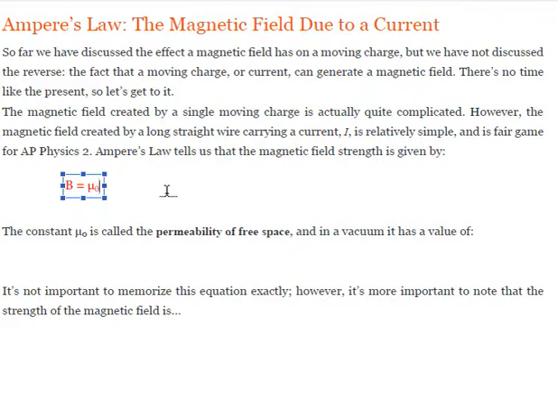So we take this constant multiplied by the current, and we divide that by 2 times pi times r. These Greek letters are killing me. I have to go find them every time I want to paste one in.